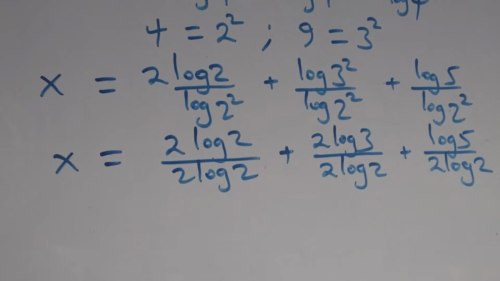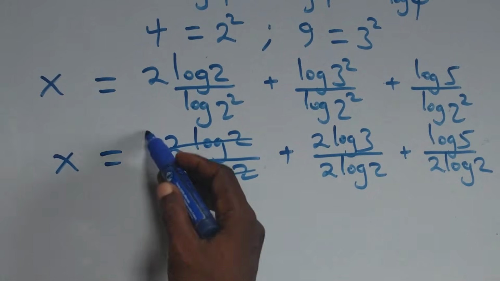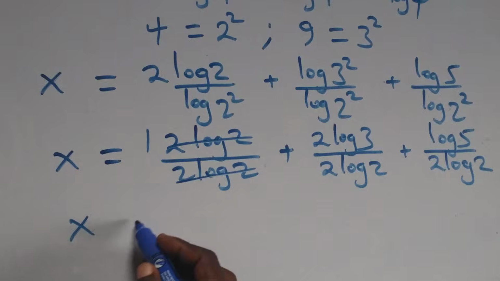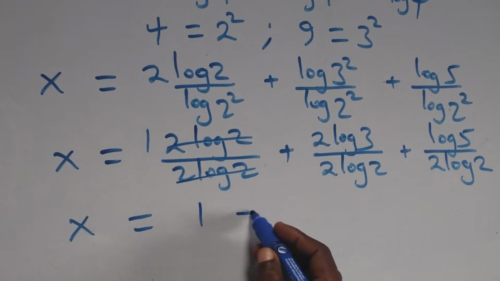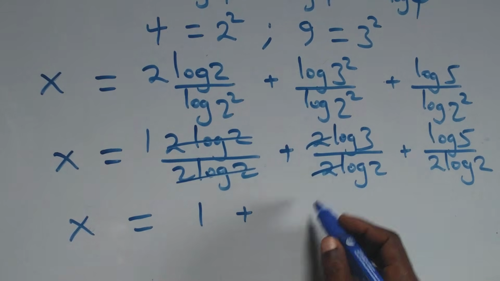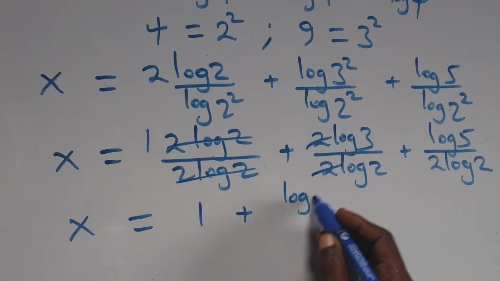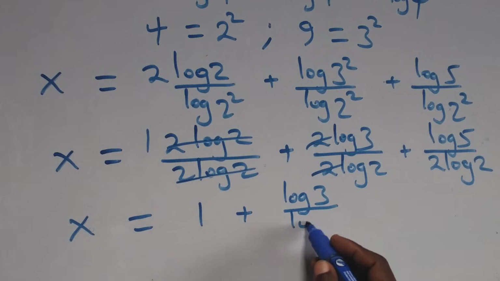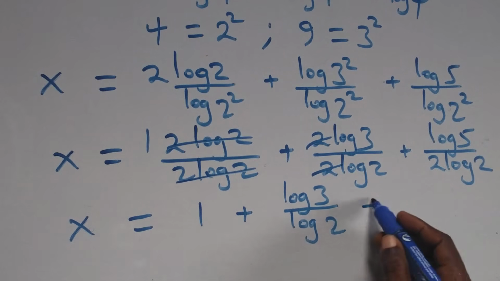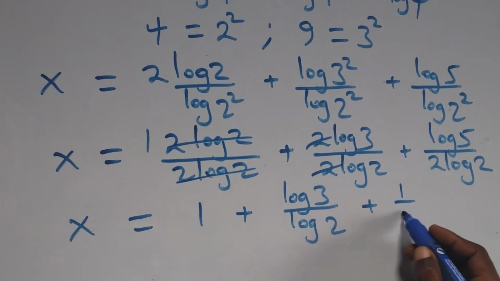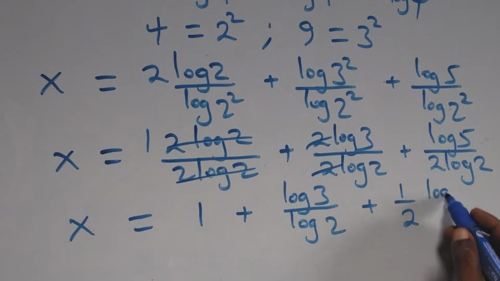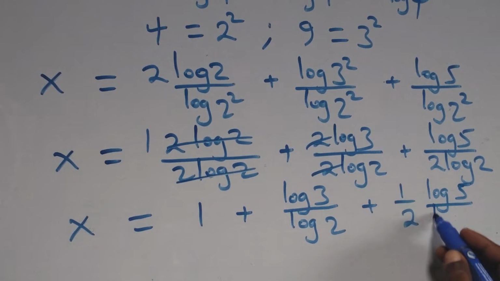So here the whole of this cancel each other. We have one left. That is x equals 1 plus, here 2 cancel each other, we have log 3 over log 2 plus here can write this as 1 over 2 times log 5 over log 2.